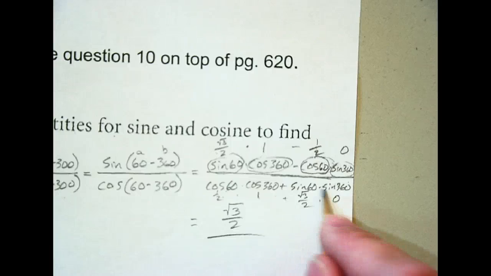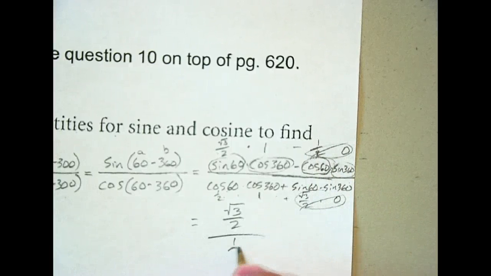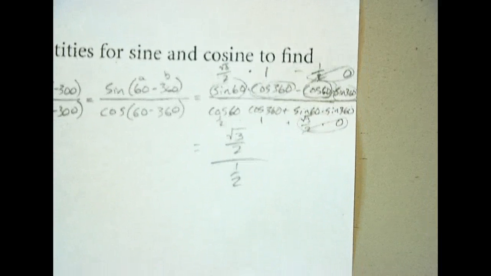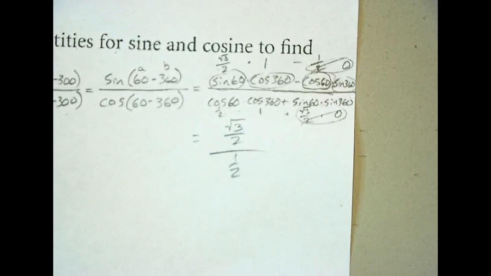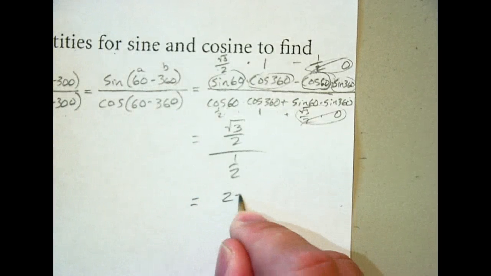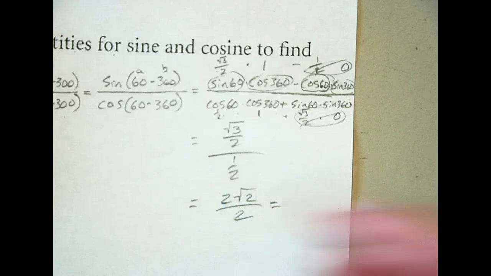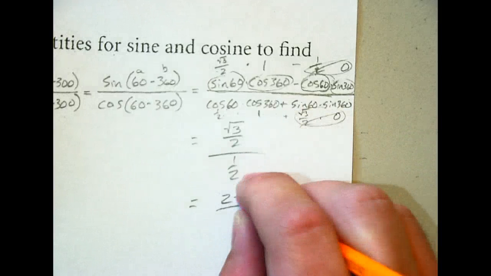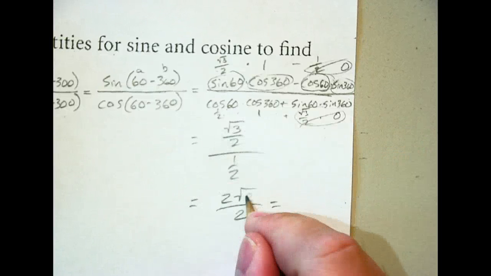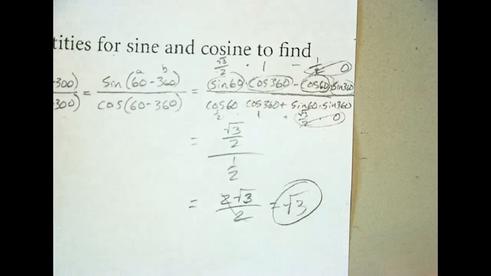So you get root 3 over 2 divided by 1/2. It's the same thing as root 3 over 2 times 2, which is 2 root 3 over 2, which is root 3.